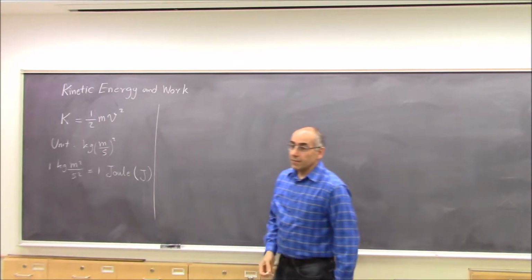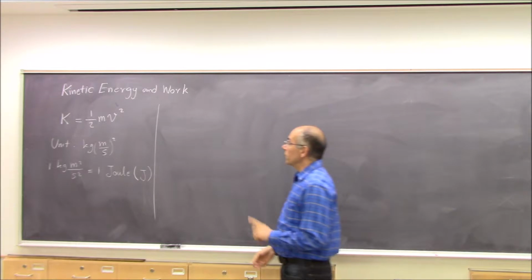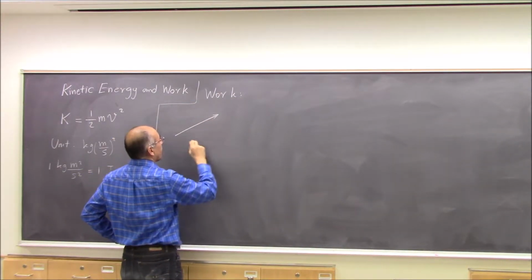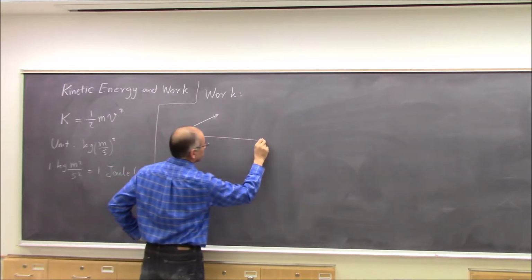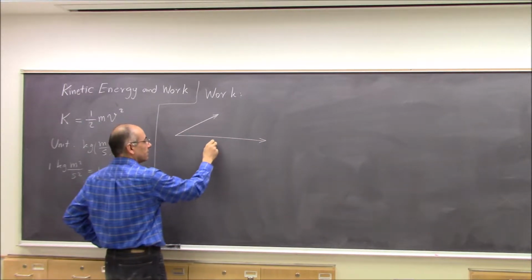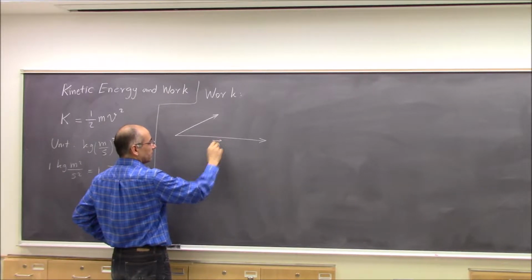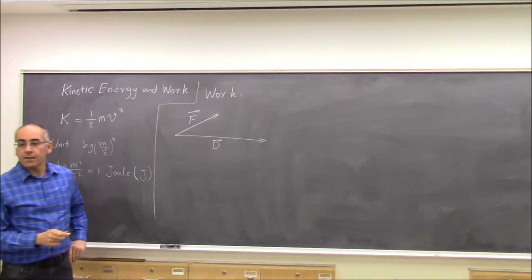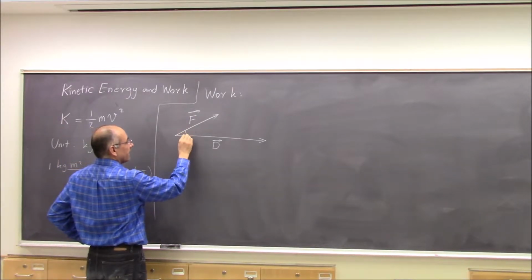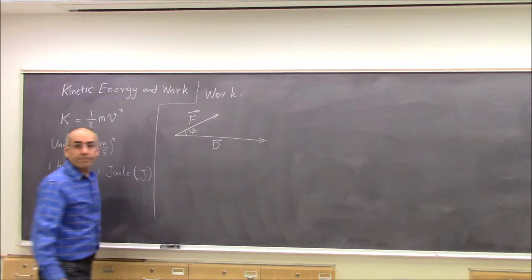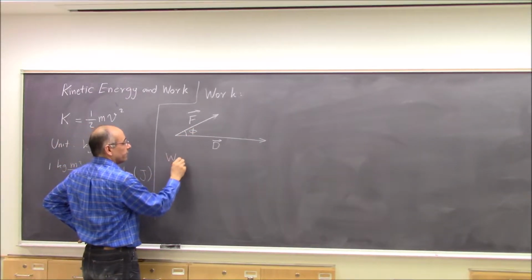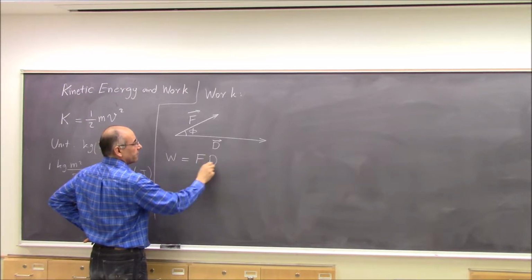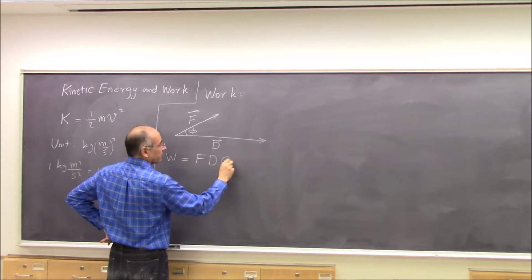The next thing we define is work, the work of a force. If you have a force acting on an object and it is moving it a distance d, a displacement d, and the force and displacement have an angle between them, let's call it phi, the work of this force is defined by the magnitude of the force times the magnitude of the displacement times the cosine of the angle between them.